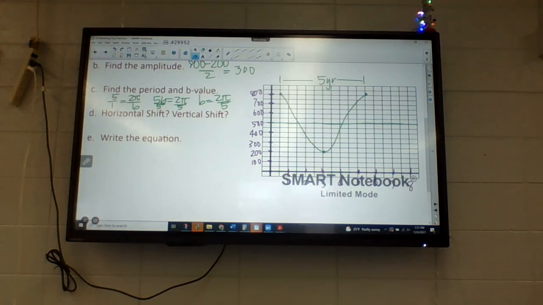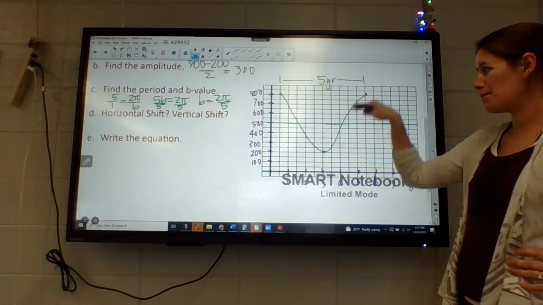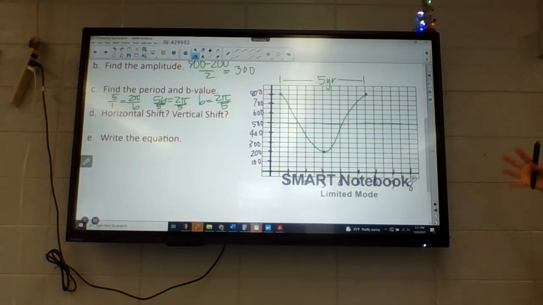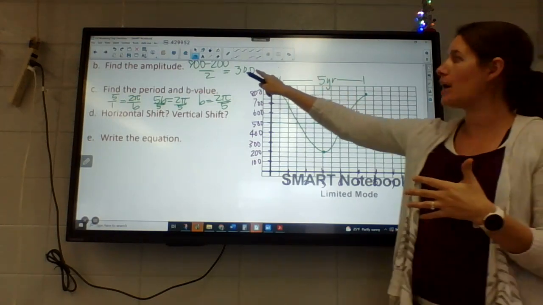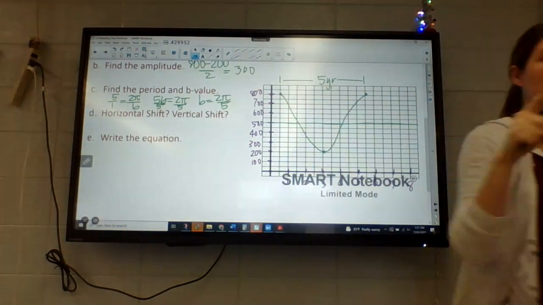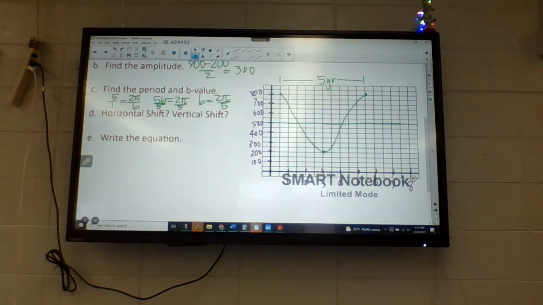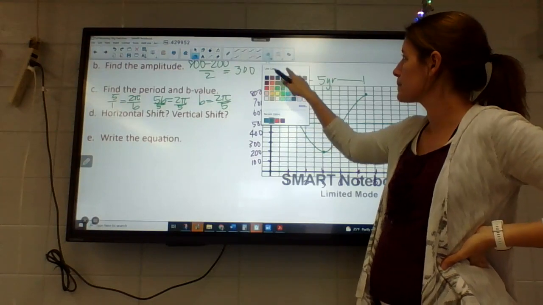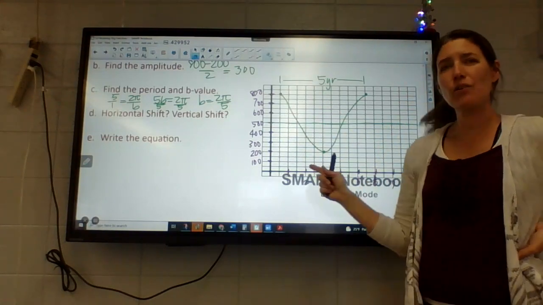Now again, I would probably call this a cosine graph because it's starting up and it's ending back up. Obviously it's going to go back down, but in my opinion this looks easier to talk about as a cosine graph. Now if the amplitude is 300, where would the cosine graph typically start? 0, 1, but not 0, 1 in this case.